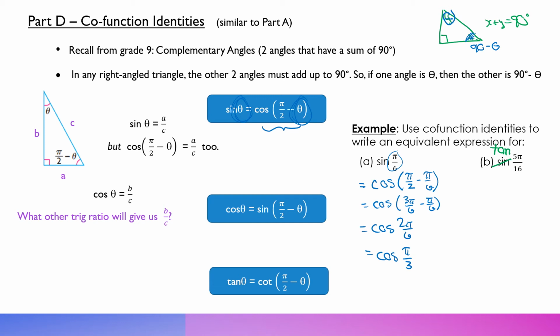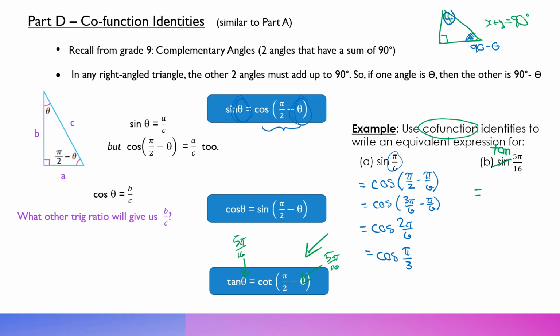Tan of 5 pi over 16. Okay, so I look at my formula, I'm looking for the cofunction, so I've got to use this one right here. That's my cofunction. So my theta for this question is 5 pi over 16. That's the theta in the question. So I've got to replace this theta also with 5 pi over 16.